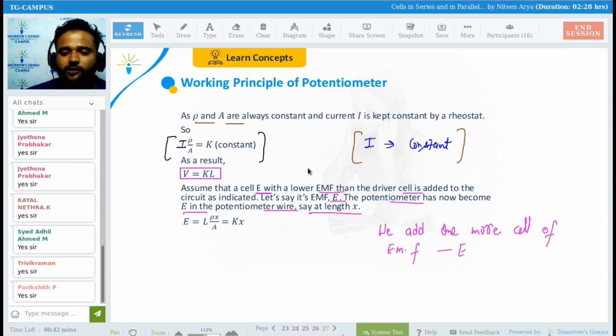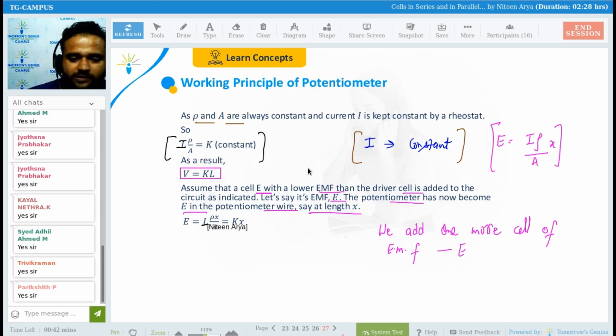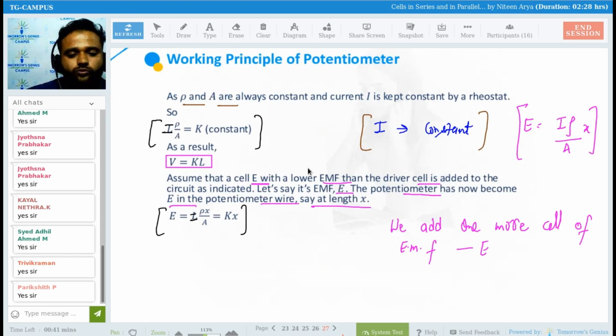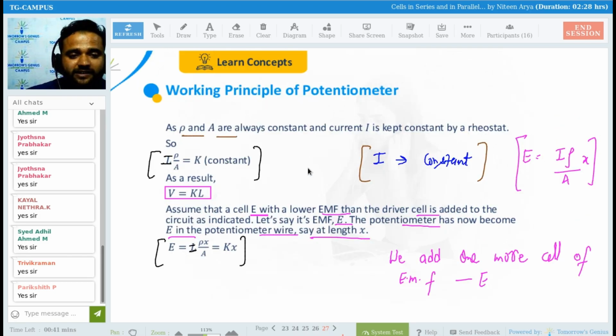Okay, and then how can we find this particular EMF? It is I rho upon A into X, at this particular length X. X will be given in the questions. So this is not L, this is I. Then automatically, using the above formula, V equals IR, that is nothing new I am doing. Again, V equals I small r.